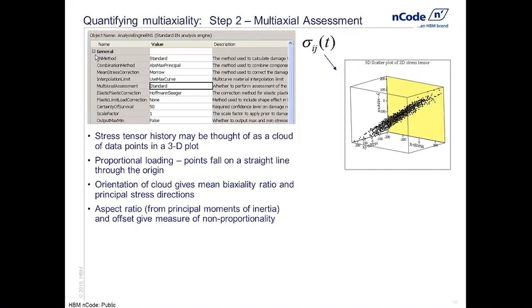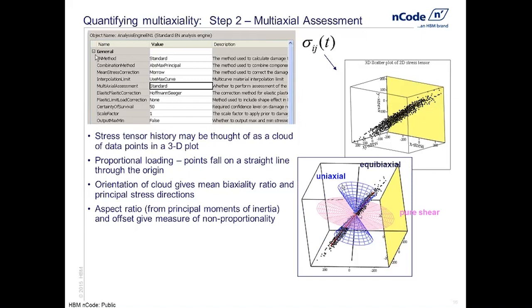So we look at that cloud and we carry out some statistical analysis on the cloud, and the orientation of the cloud tells us the biaxiality ratio and also the dominant directions of the principal stresses, and the aspect ratio of the cloud, how thick our sausage is compared to its length, gives us an objective measure of the non-proportionality of the loading.